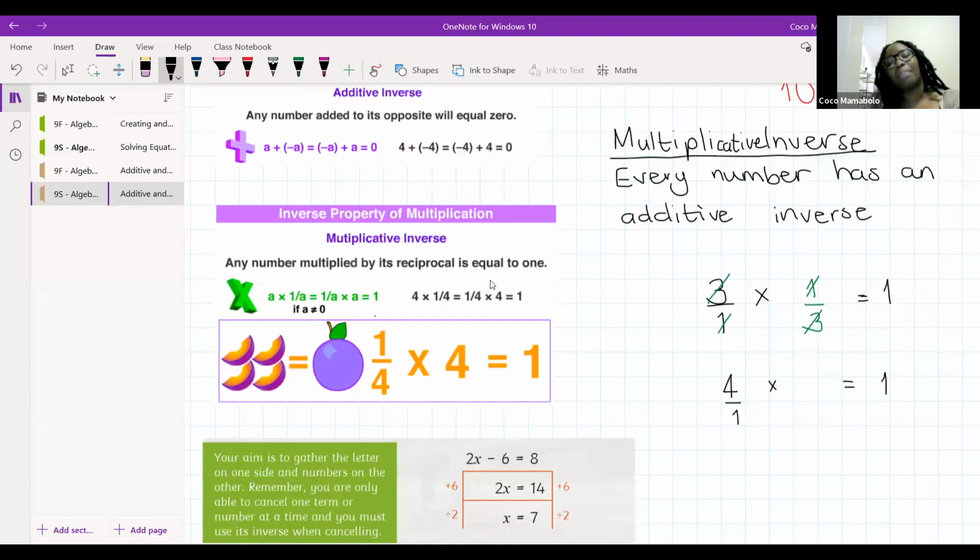And then to find the multiplicative inverse, I'm just going to take 4 over 1 and flip it upside down. 1 over 4. And the reason for this is because even if we multiply, instead of cross canceling, I'm going to get 4 times 1, which is 4. And at the bottom, I'm going to get 1 times 4, which is 4. What is 4 divided by 4, guys? That's 1.